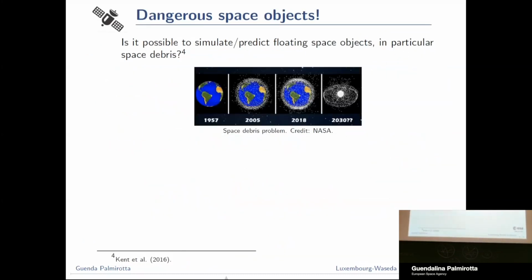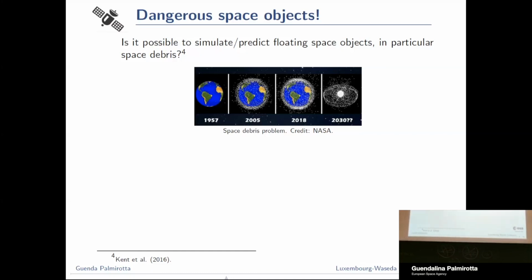Let us come to another thing that is also very important: space debris or space junk. You know that nowadays we are very dependent on satellites. The problem is, for example, if you have solar flares, an explosion of the sun from this emerging of the sunspots, and it goes towards the Earth, then the first things that are damaged are our satellites.